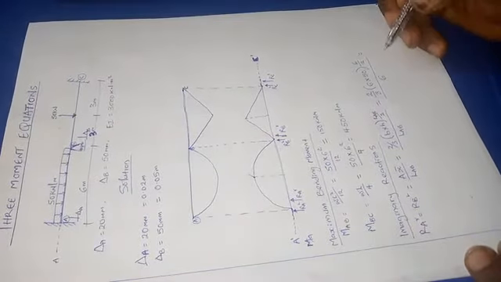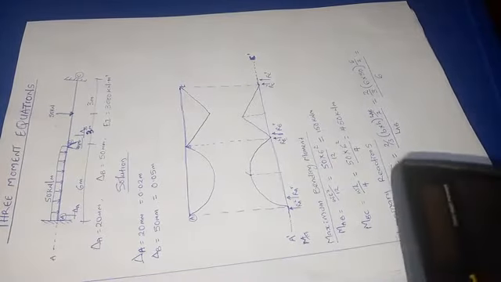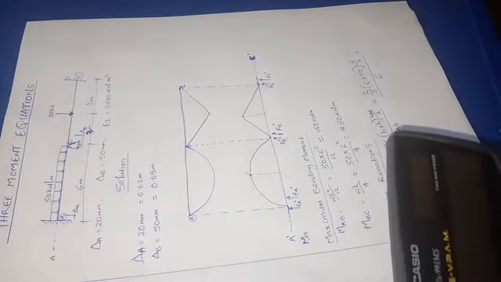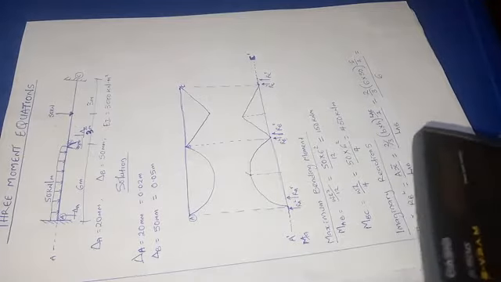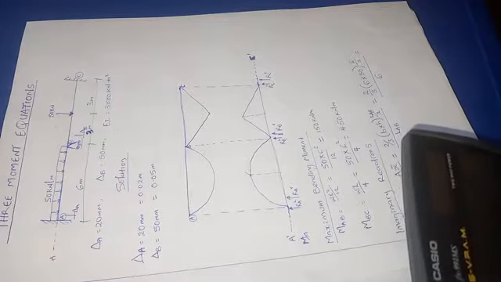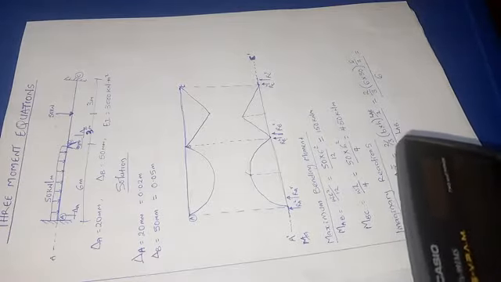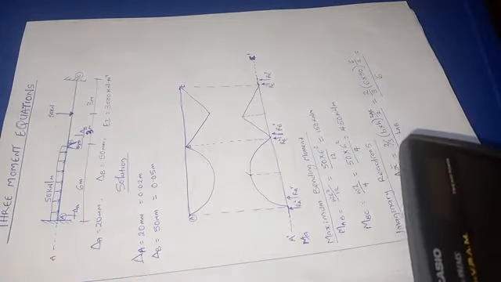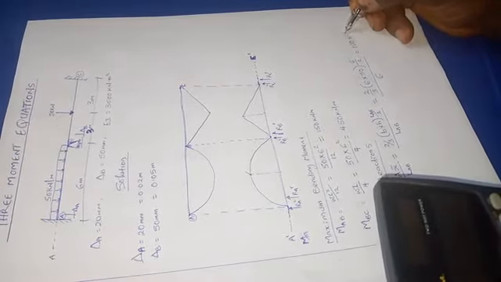So if you calculate this, it will be 2 divided by 3 times 6 times 50 multiplied by 3, all divided by 6. The answer here is 100 kilonewton.